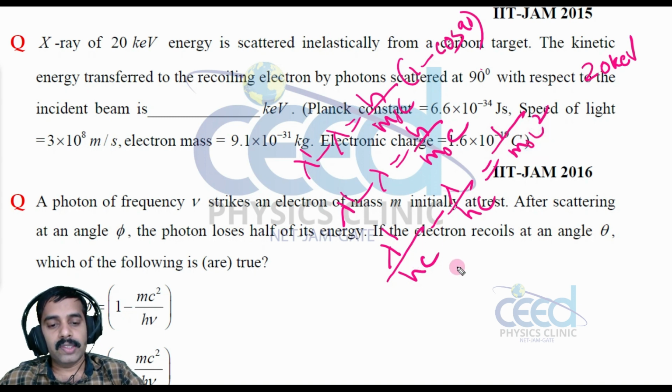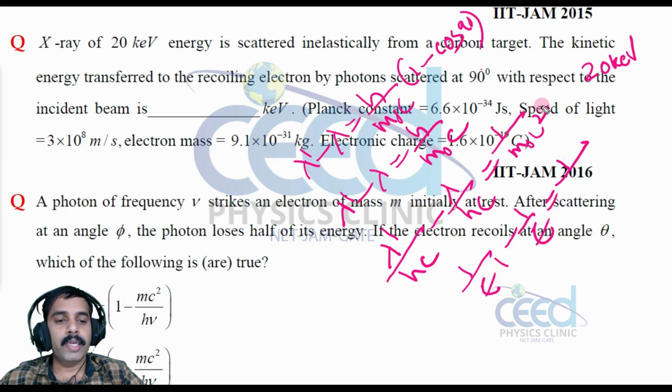So this is 1 by E dash minus 1 by E equal to 1 by m0c square. The mass of the electron is 9.1 into 10 raised to minus 31 and c is 3 into 10 raised to 8, so I will get 0.5 MeV, the electron rest energy.